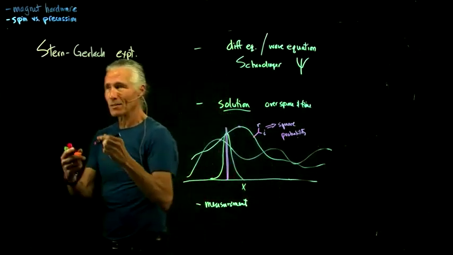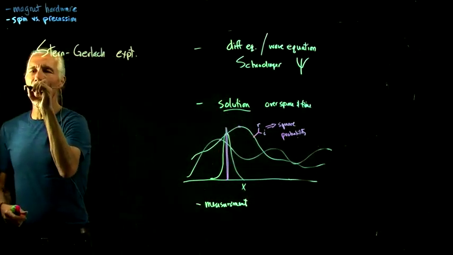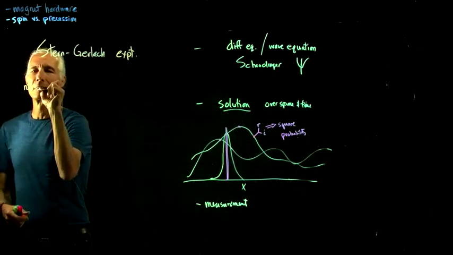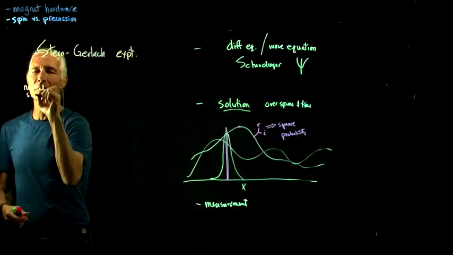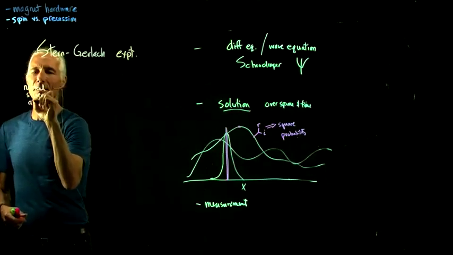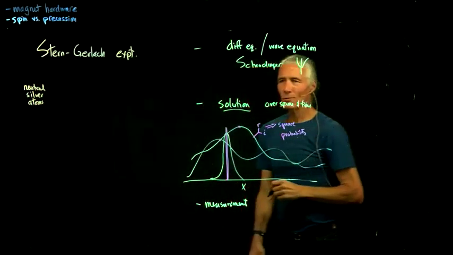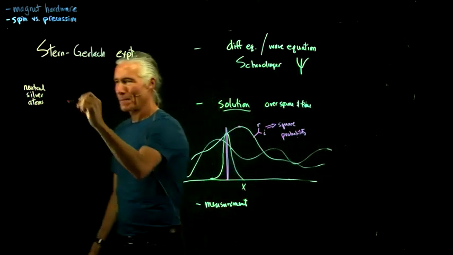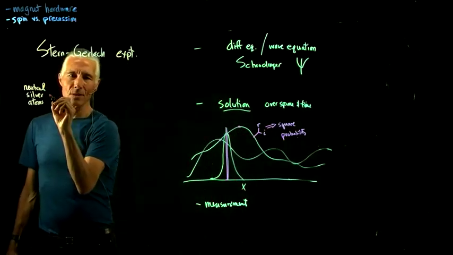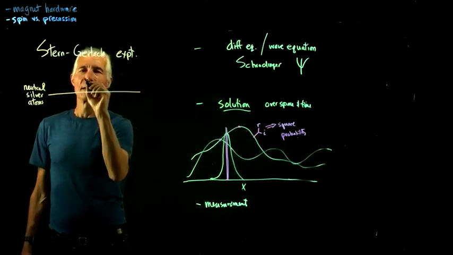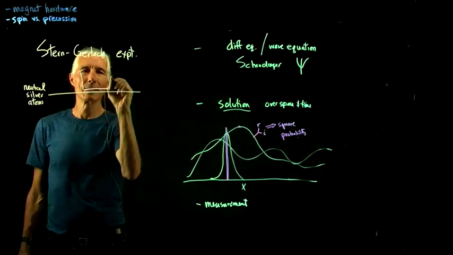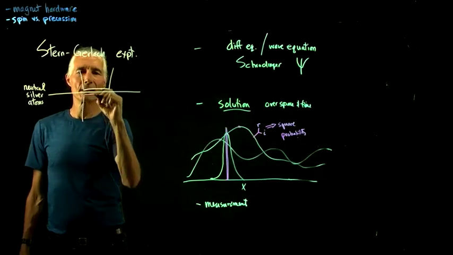You don't want ions, you just want atoms, like neutral silver atoms. So neutral, and then just shoot them through. Accelerate them somehow, and shoot them through a magnet. And so here's a big magnet. This guy's a big magnet.